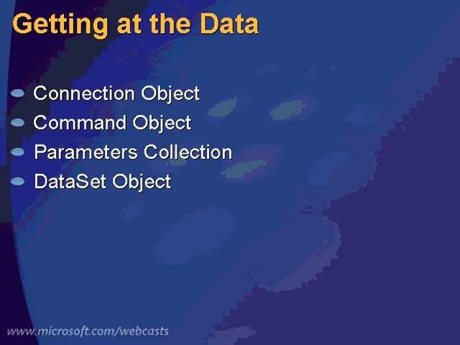And then we have the dataset object. The dataset object itself is really like an in-memory database, if you will. A dataset object can contain one or more tables. It's completely in memory, and then we can programmatically interrogate properties on the dataset itself, as well as methods. There are a lot of different things that we can do with the dataset object.